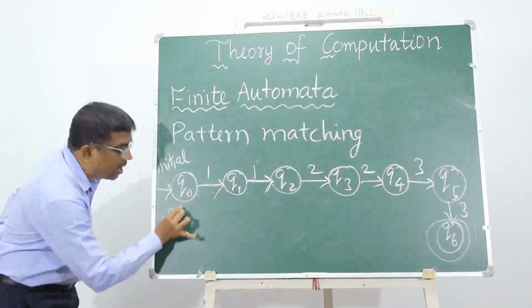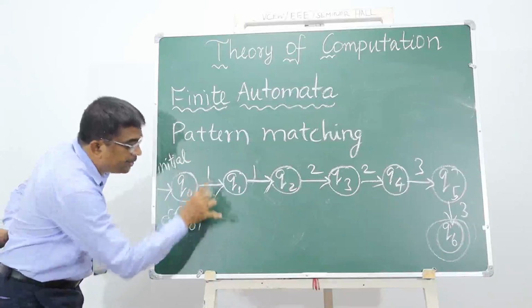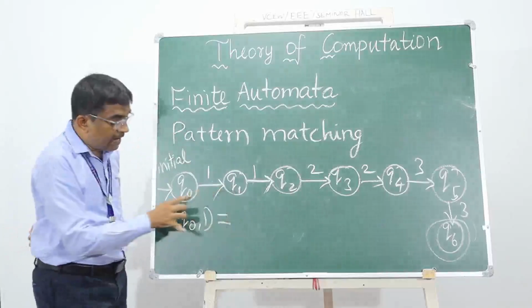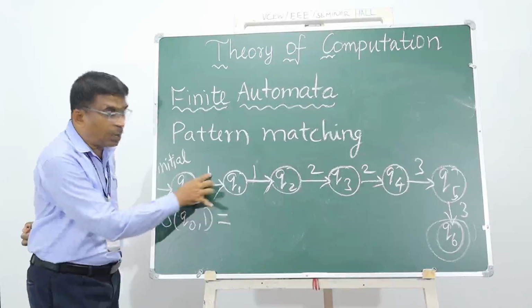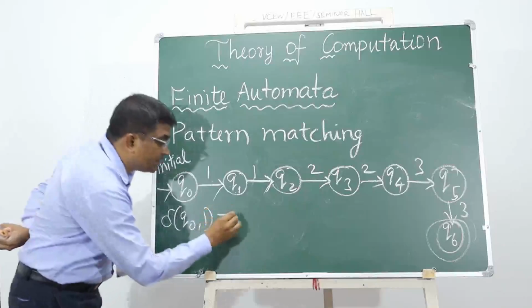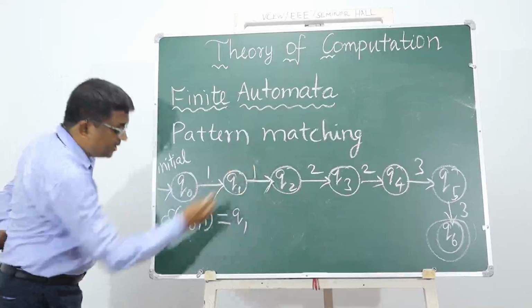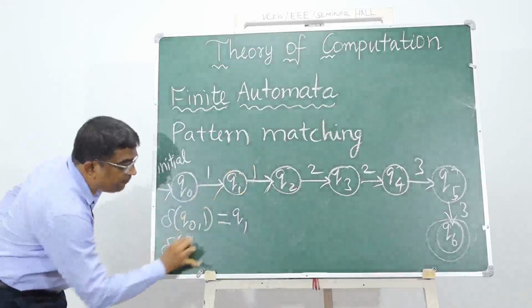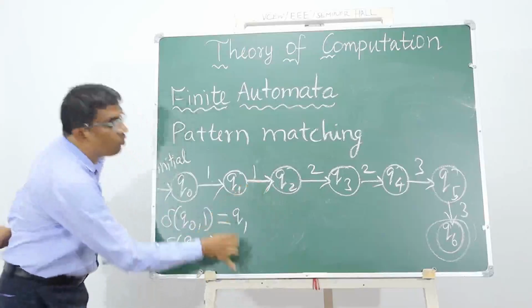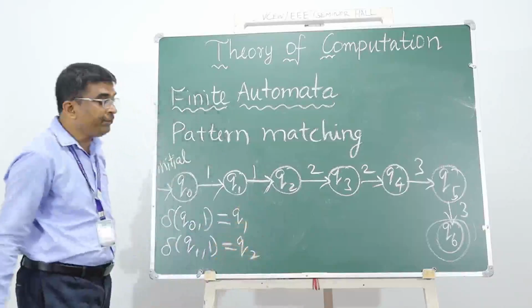Delta of Q0 comma 1: which state does Q0 with input symbol 1 reach? Q1. Next, delta of Q1 comma 1 reaches Q2.